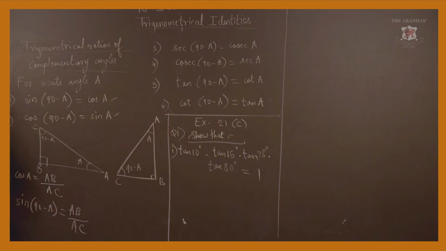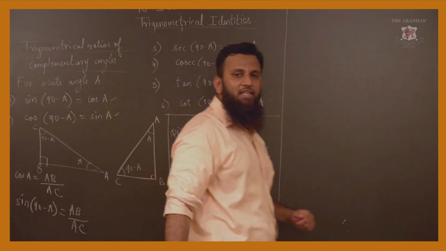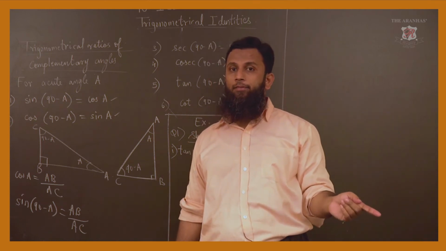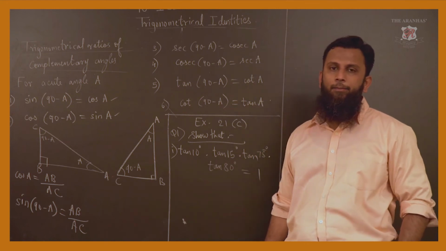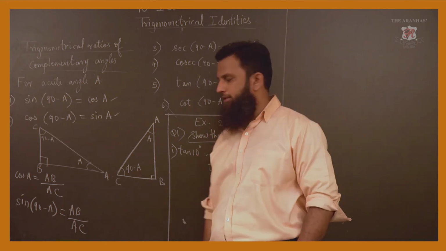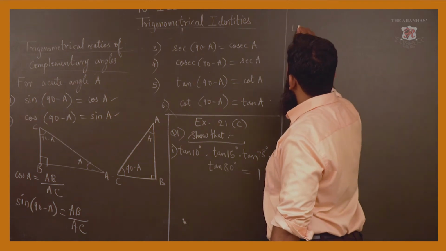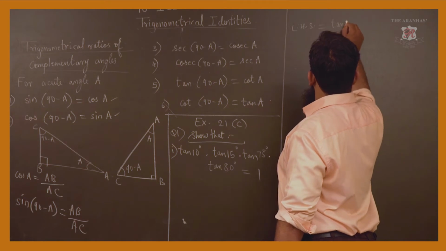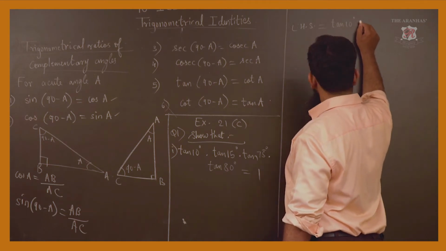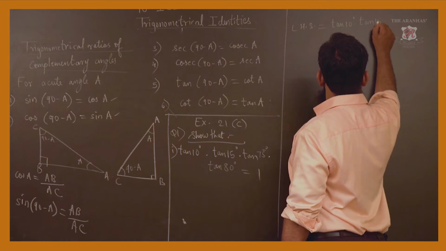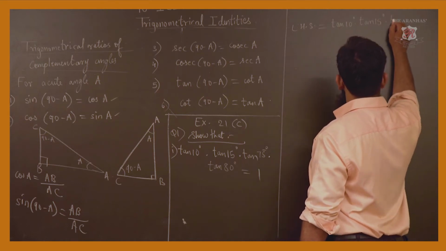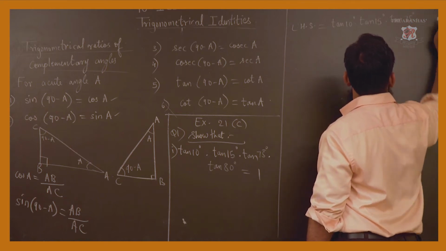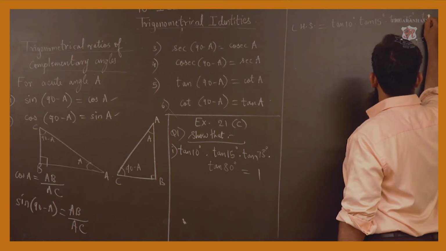Now, in the LHS you will find such kind of angles which we have not seen in the table of trigonometric ratios that we studied in the beginning. How to proceed without using a log table and get the values of tan of 10 degree, tan of 15 degree, tan of 75 degree and tan of 80 degree?